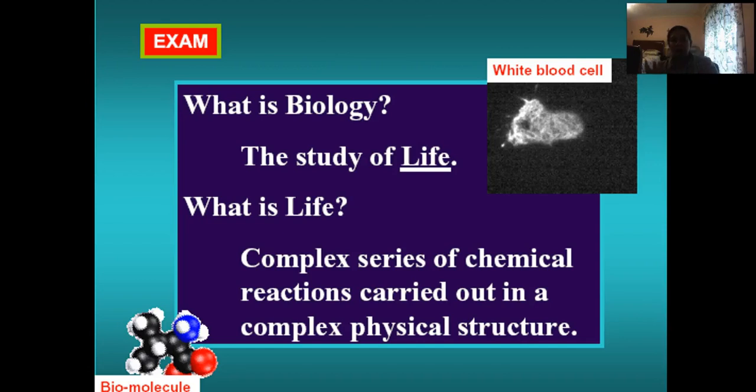It is a complex series of chemical reactions that come together to create a unit that can survive, that can perform work, that can adapt, and that can change in a given environment. Those complex series of chemical reactions in a structure in a particular place, able to replicate themselves and survive, are the basics of life.